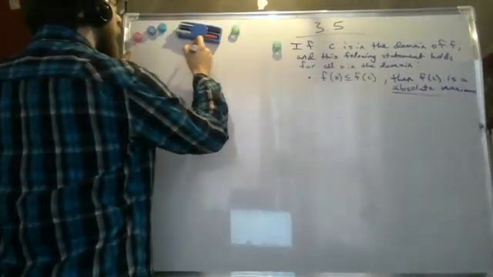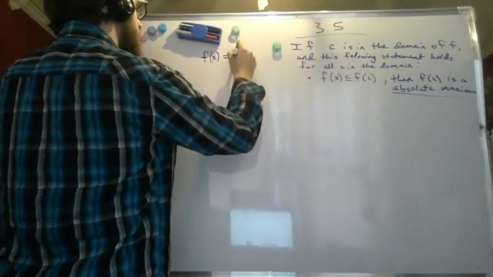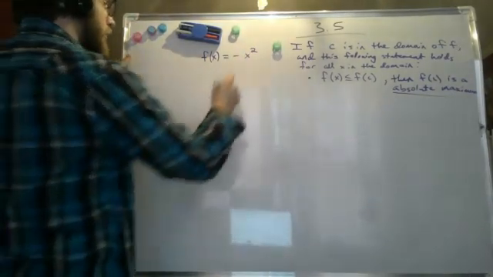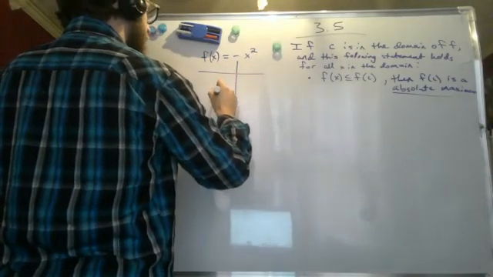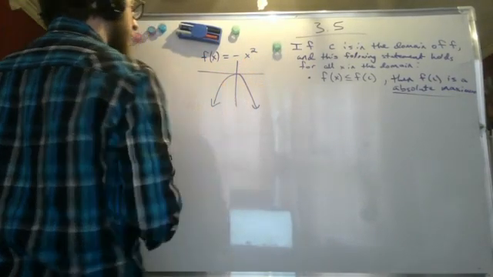So what does that look like? Well, think about the graph f of x equals negative x squared. We know it looks like that, just our basic upside down parabola.